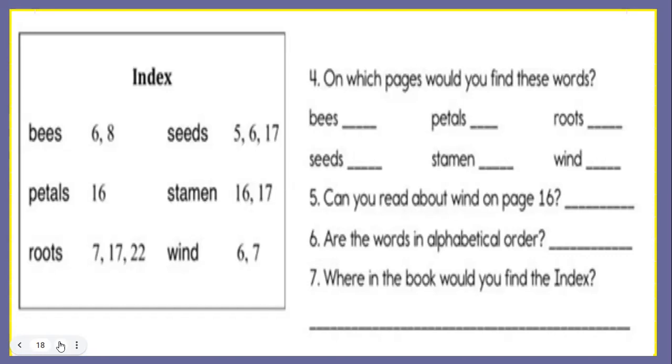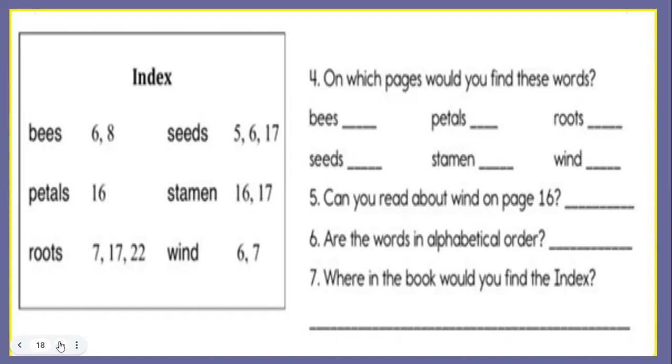All right, number five, can you read about wind on page 16? Again, look at your index and see where wind can be found. If you see it at page 16, then you're going to answer yes. If the number 16 is not beside wind, then your answer will be no.